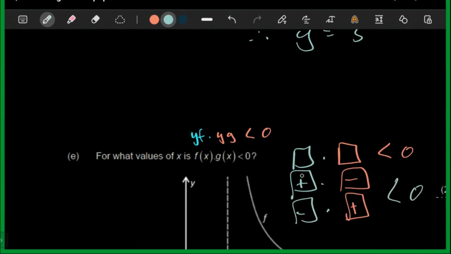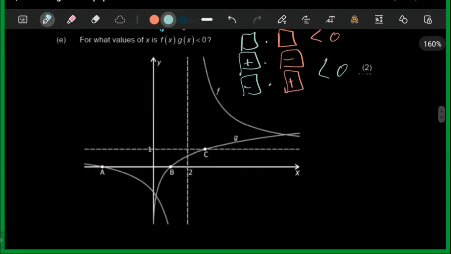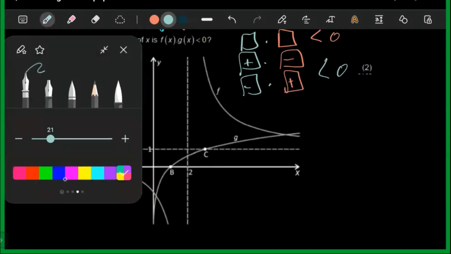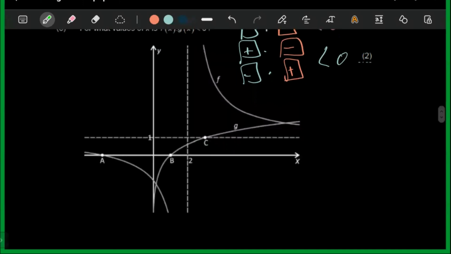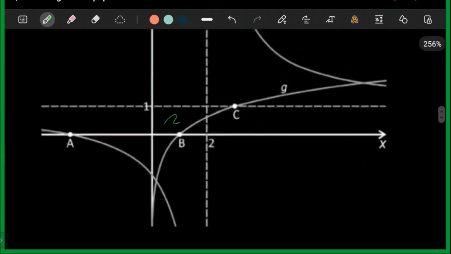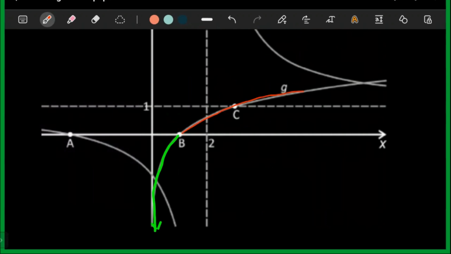We have to look for where the y value is plus here while these ones are negative, or minus here while these ones are plus. To do that, you can just go to your sketch and use color, or whatever you can, to see where these graphs have positive y values and negative y values. If you start with the graph of G, this is where it has negative y values, and up here it has positive y values.